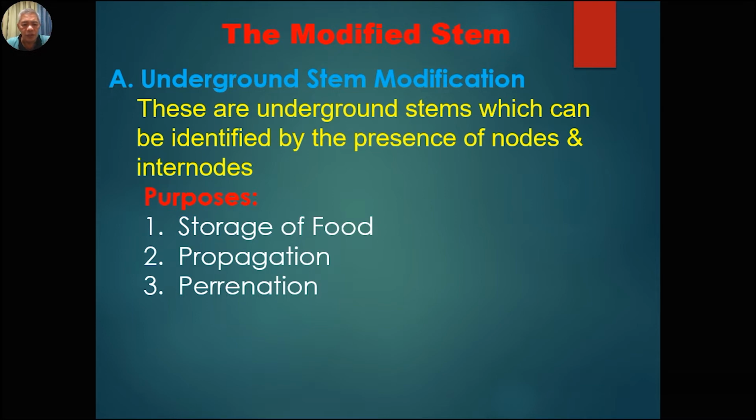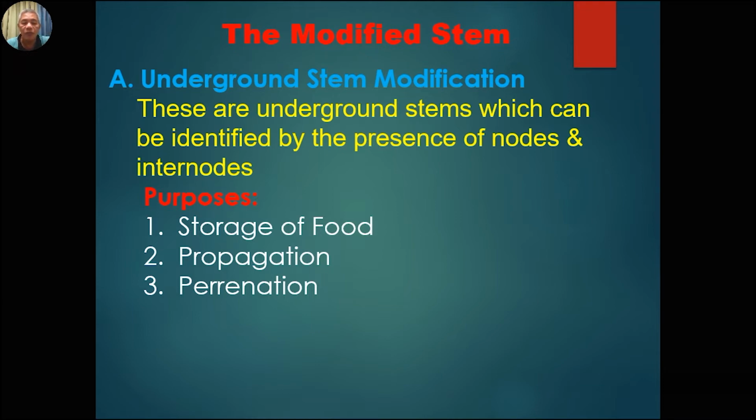Alright, what are the purposes of underground stem modification? Storage of food, number one. Then propagation. This is what we call asexual propagation or vegetative propagation. Then perennation.